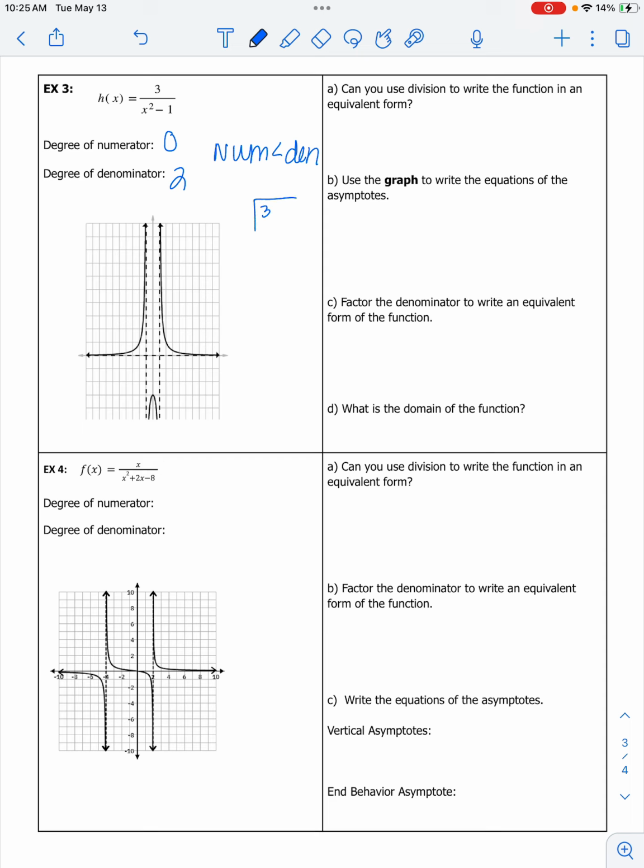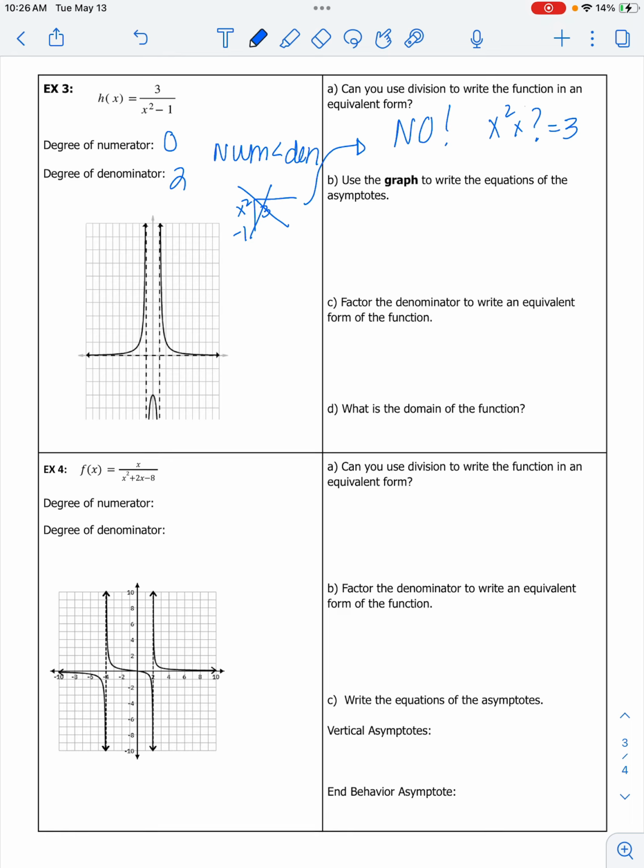Could I get a 3 to show up out of an x squared? No, I can't divide. Okay, so that's what this question is asking. Can you use division? No, x squared times nothing is not going to get you that 3, so you're not able to do that.